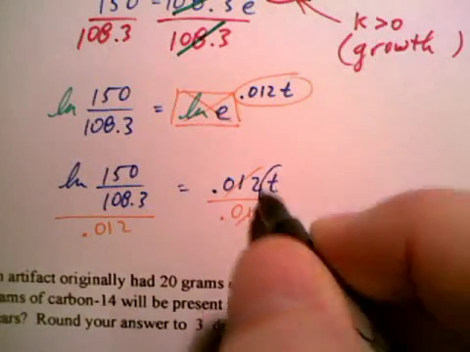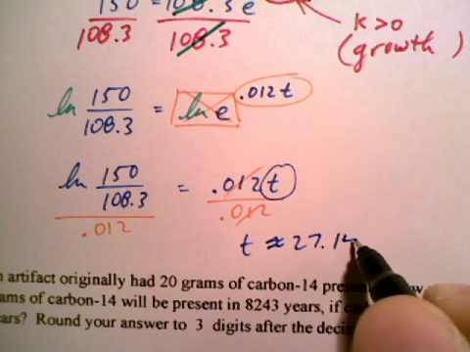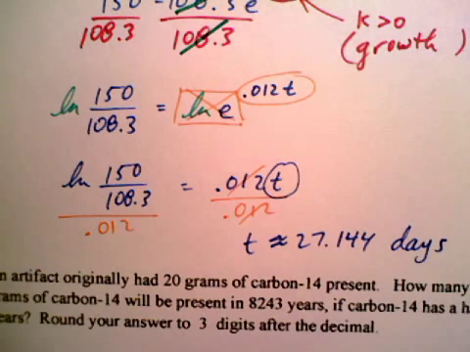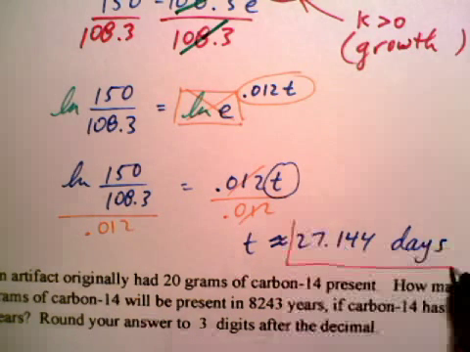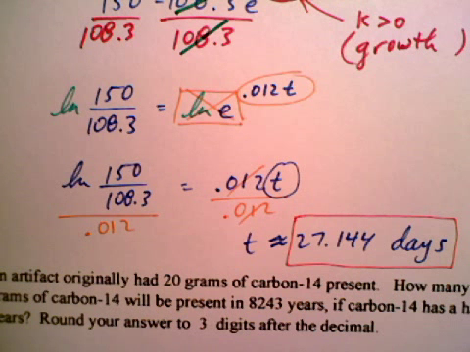So this t is about equal to 27.144, and look back, how long, that's t, and in what, days, okay? So 27.144 days, and where is my red? There it is. Okay, there you go. Does that make sense? Well, I guess I don't really have anything to measure that with, so we're just going to have to hope that we did it right.